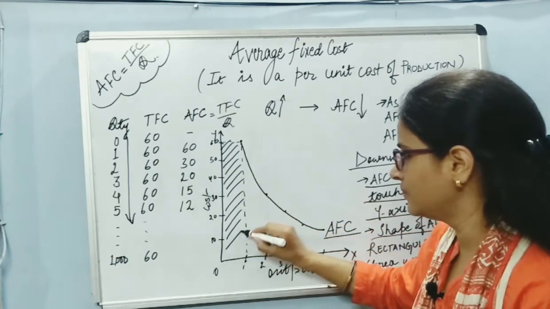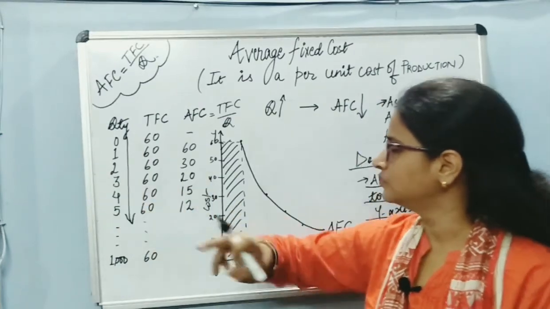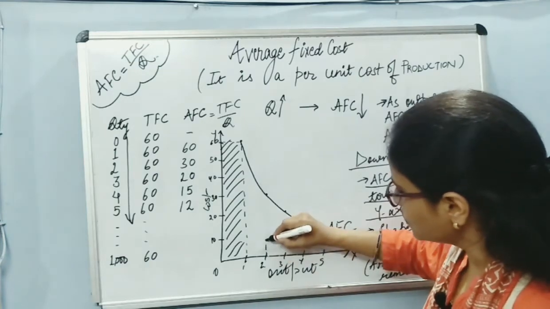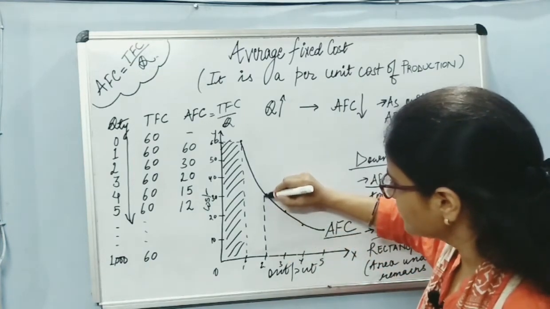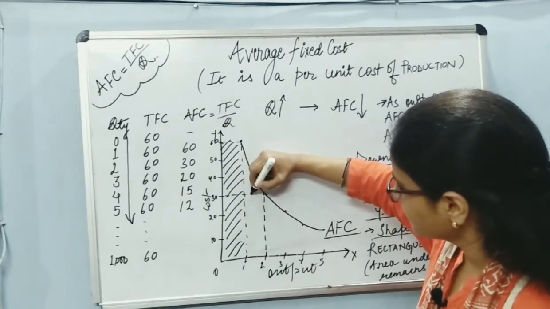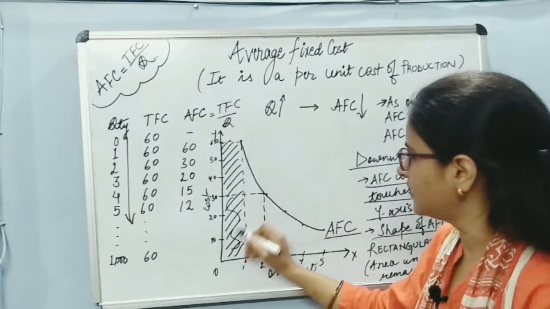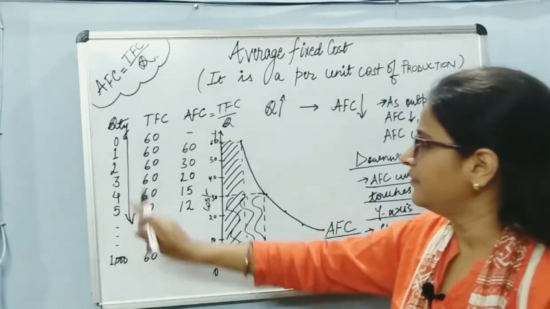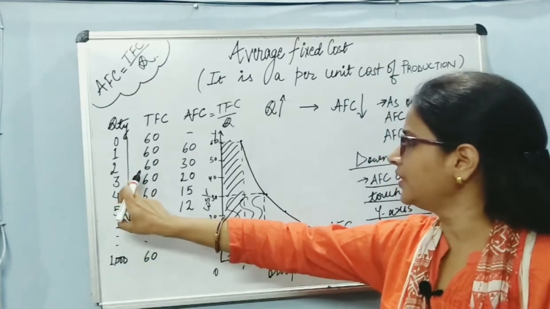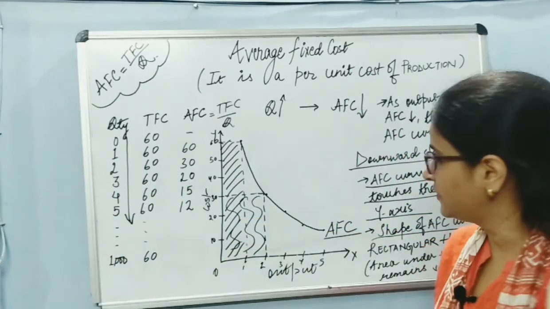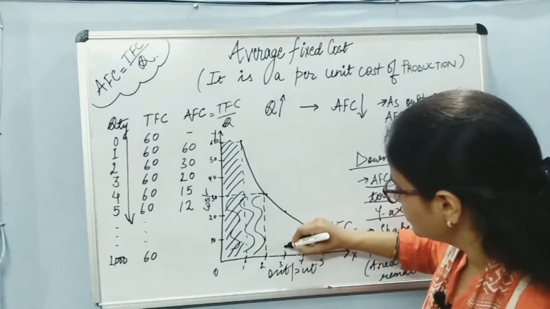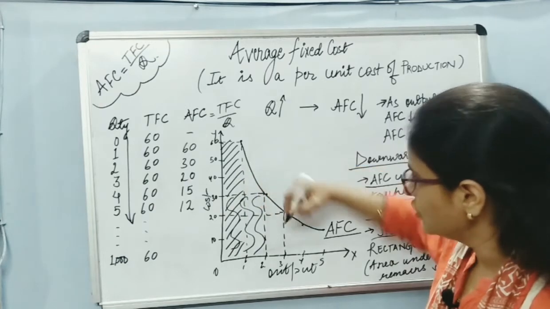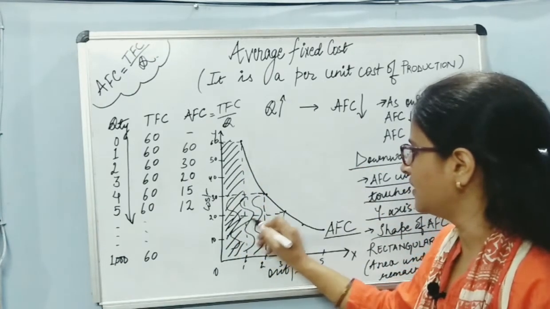Now, when your output is 2, your AFC is 30. So join them also. You can see this is another rectangle. Now, when your output is 3, your AFC is 20. So join this also. So this is another rectangle.